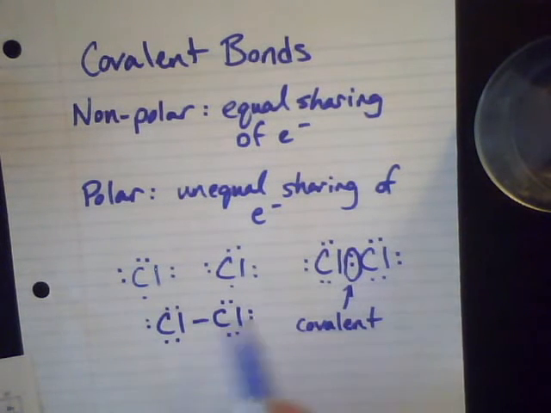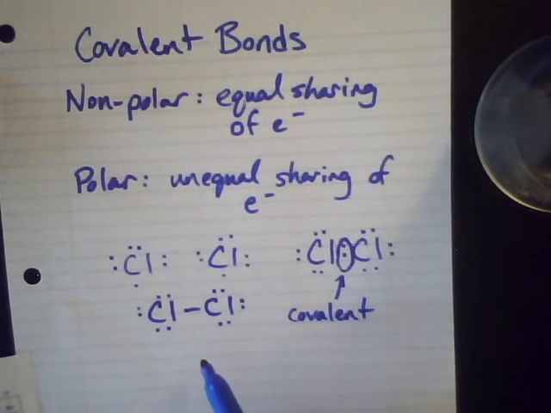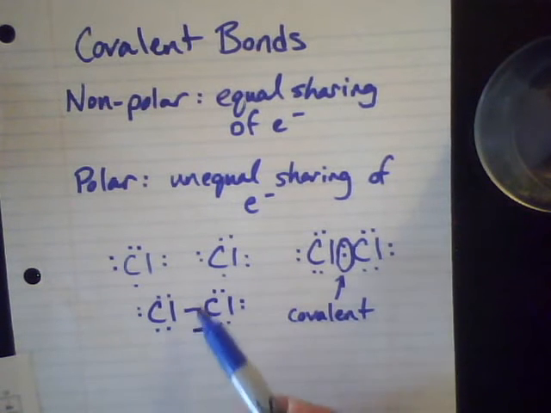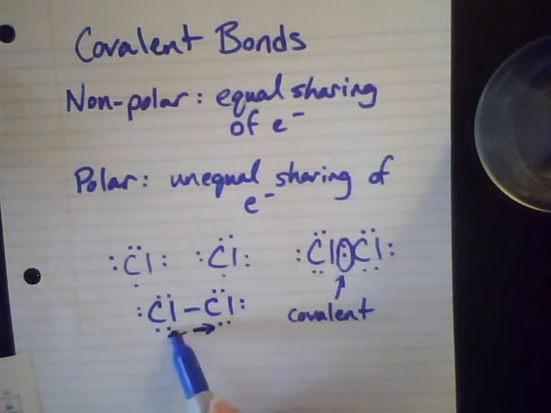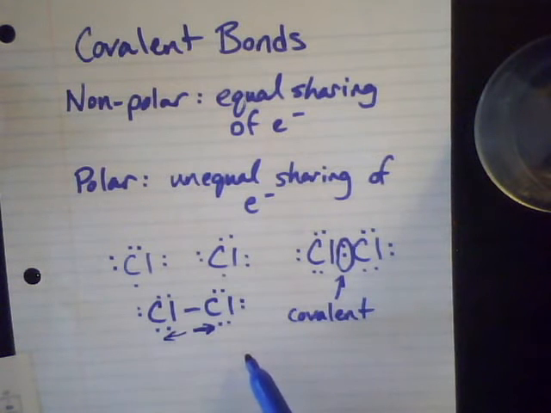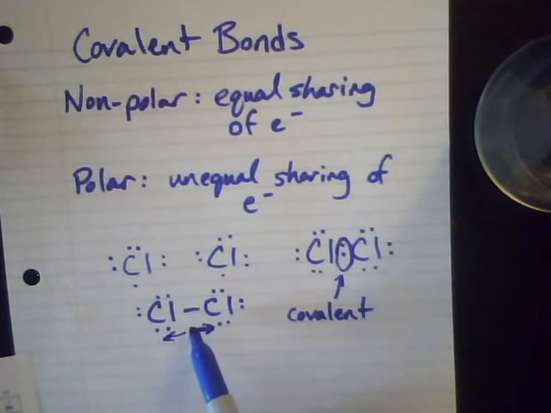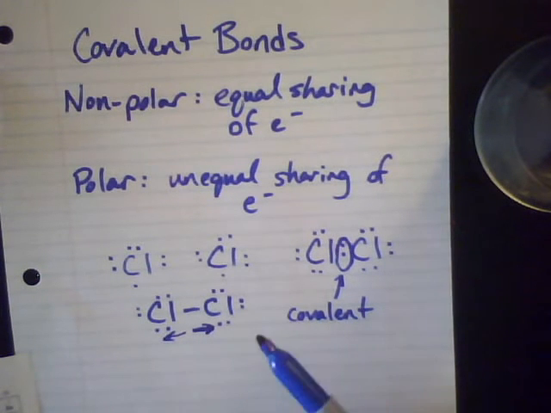Now, if we have these two atoms, kind of regardless of what they are, then each atom is going to be pulling on that shared pair of electrons in either the same or different ways. Okay, so this chlorine is pulling on this shared pair of electrons this way, and this chlorine is pulling on the shared pair of electrons this way. Okay? Now, because these are both the same element, they're going to pull on these electrons in exactly the same way, right?